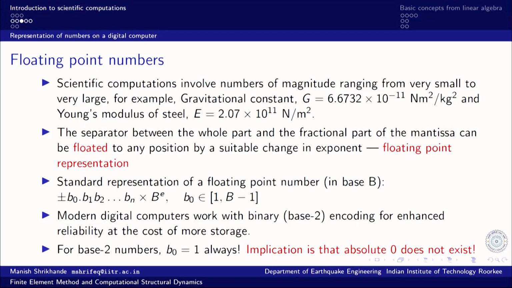So, if the base of the number system is 2, then a very peculiar thing happens here. The whole part b0 has to be between 1 and 1, so it is always 1. There is no choice, the number is always 1 point something multiplied by 2 raised to the power something.